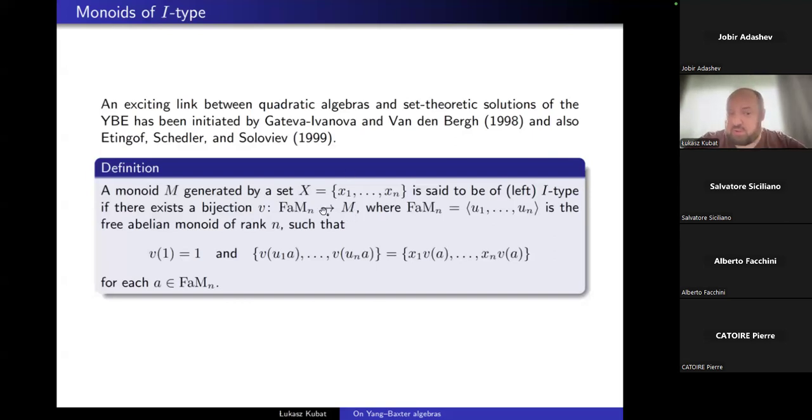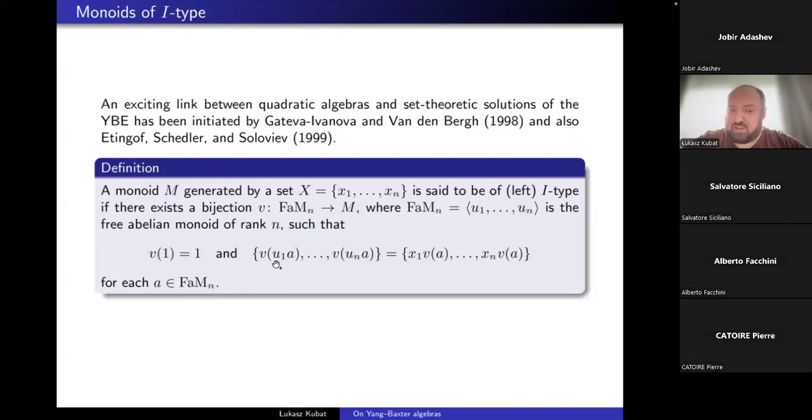And the idea is as follows. Words in our monoid are in a bijection with words in a finitely generated free abelian monoid, but the bijection is special. If you choose one word of our monoid M, say v(a), and if you multiply this word from the left by all possible generators u1 up to un, then these words can be recovered from the word a in the free abelian monoid.